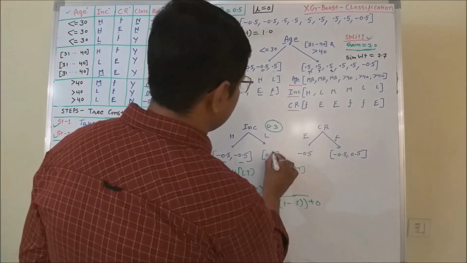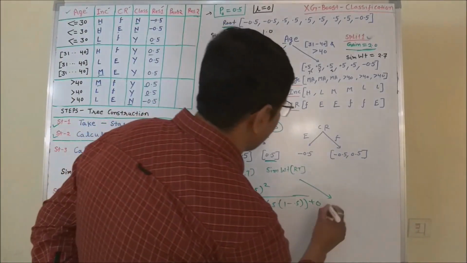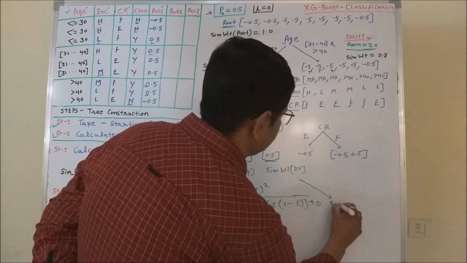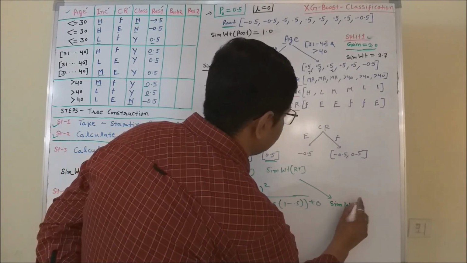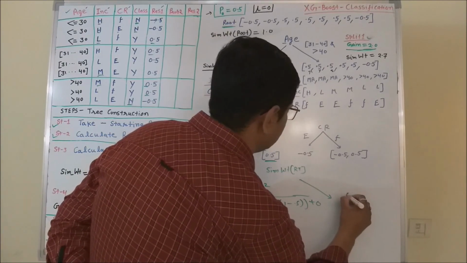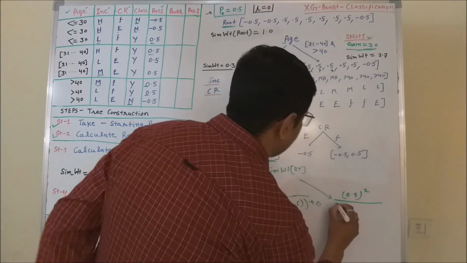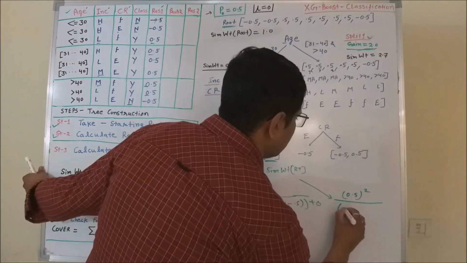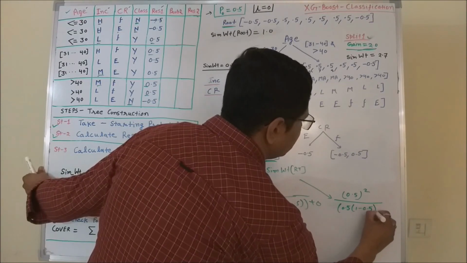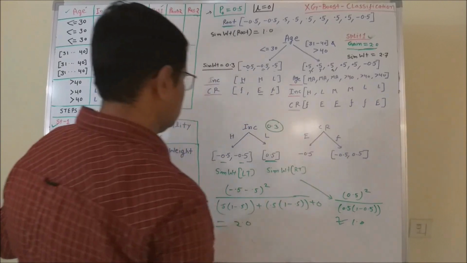And similarly for this single case, once you compute the similarity weight, that is very simple, 0.5 whole square divided by 0.5 into 1 minus 0.5, you will get something near 1.0.